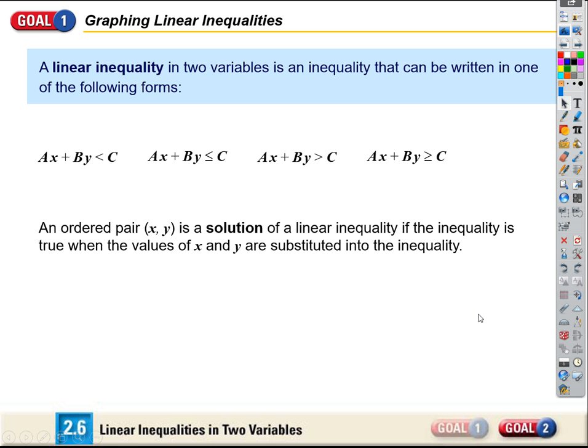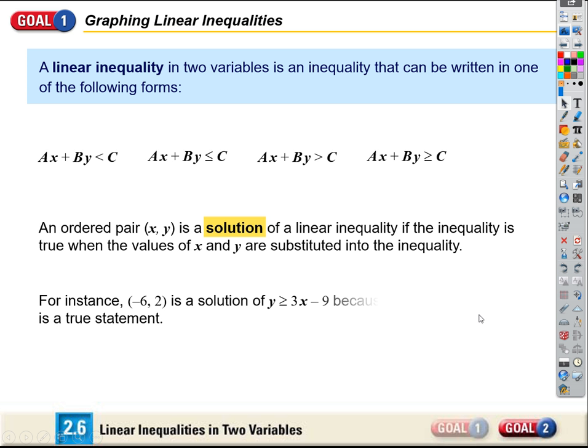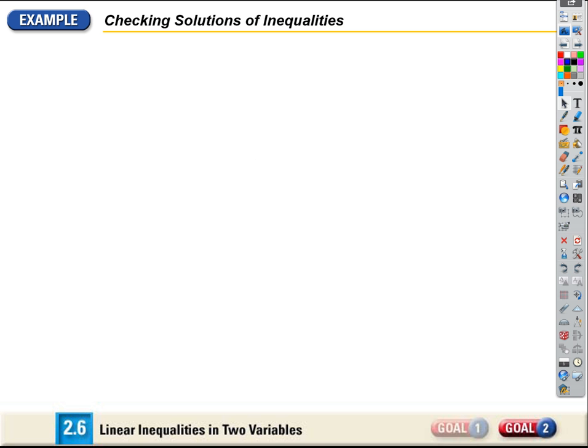So let's look at some examples. For example, if we take the point negative 6, 2, that's a solution of, we got some linear inequality here. y is greater than or equal to 3x minus 9. If I plug in 2 for y and negative 6 for x, I get a true statement, right?